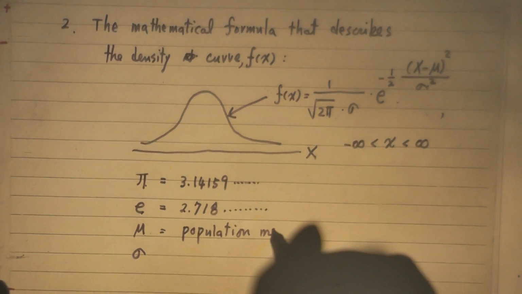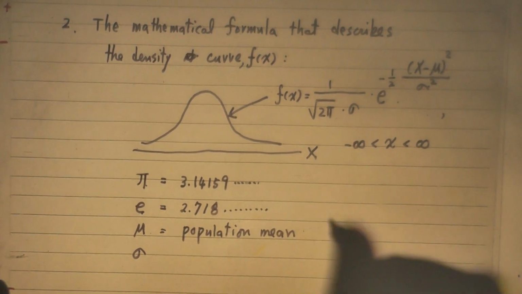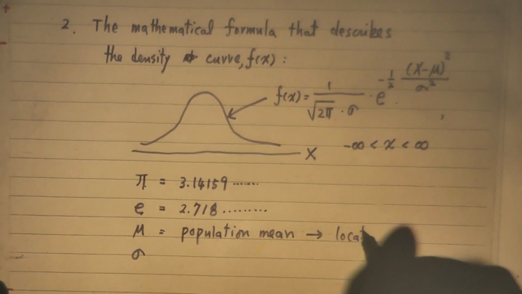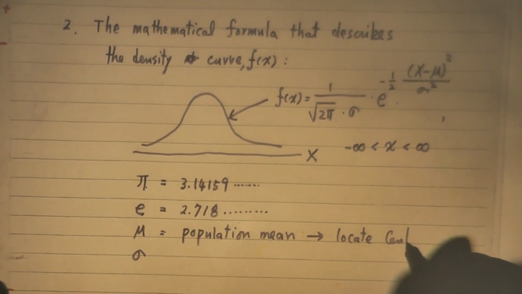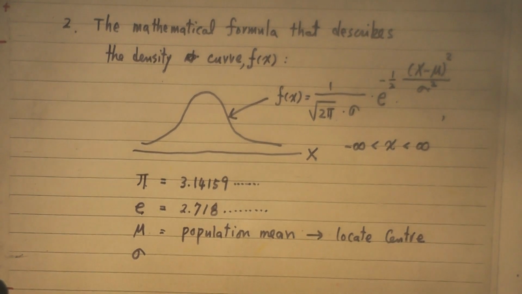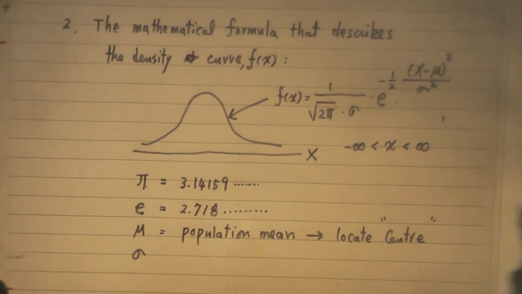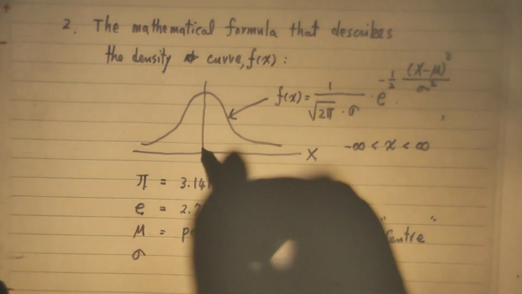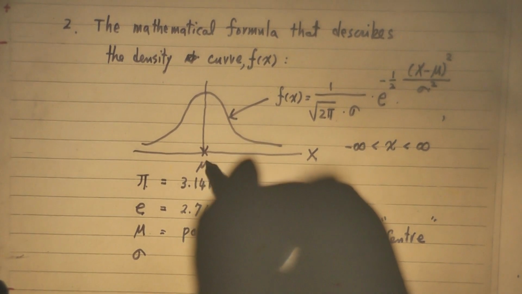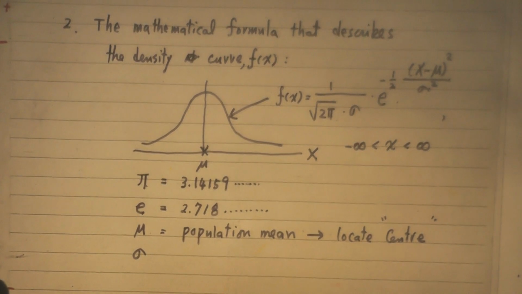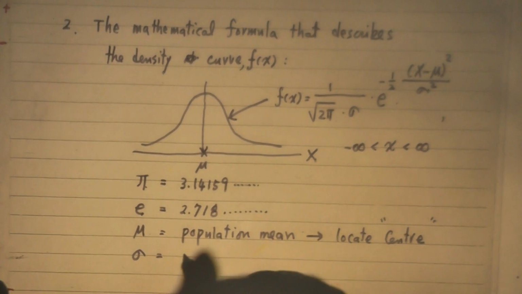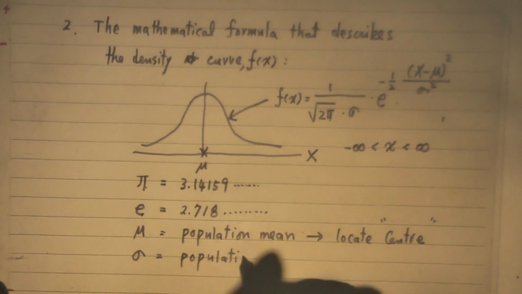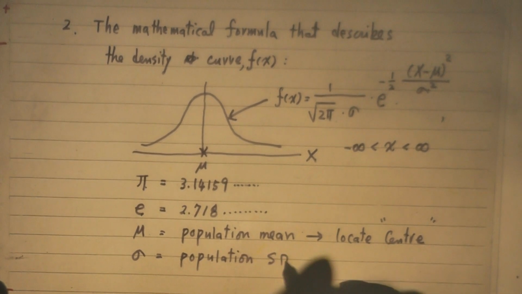Mu is the population mean, and we use mu to locate the center of the distribution, okay? So look at the picture here. Here is the center, this is mu. Now, sigma is the population standard deviation.